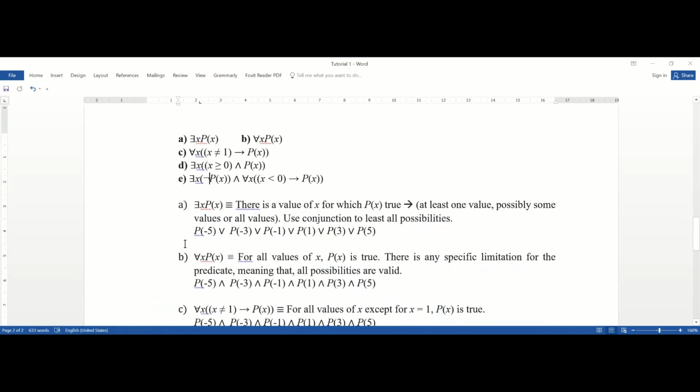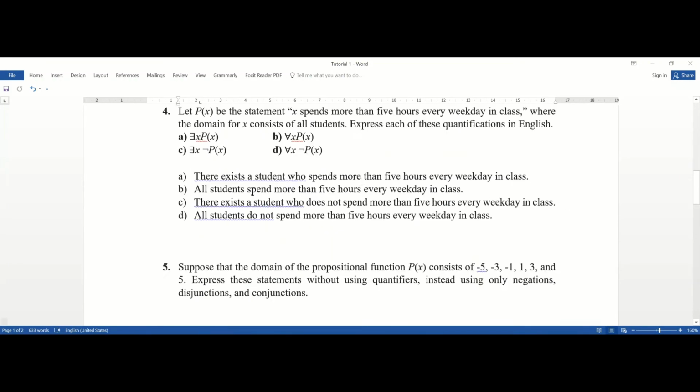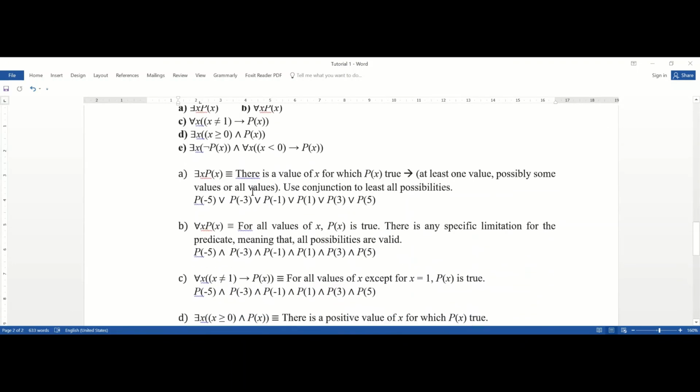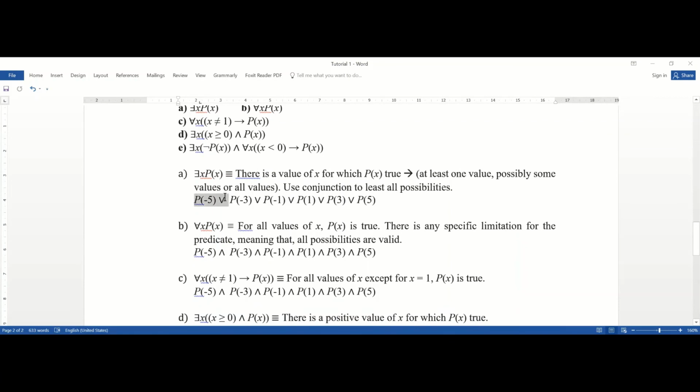And you need to OR all of them. So ORing all of them means, look at this: not P(-5) or not P(-3) or not P(-1) and so on. There would be not much of a change since the negation is applied only to the propositional function.